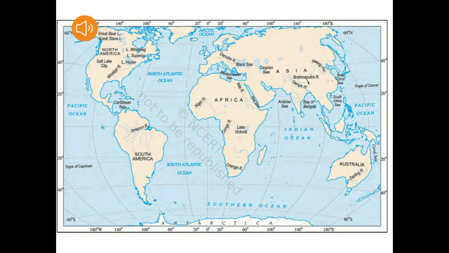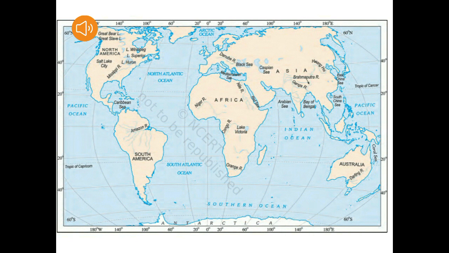In this map, we can see different water bodies. We can see different oceans: Pacific Ocean, South Atlantic Ocean, North Atlantic Ocean, Indian Ocean, Southern Ocean.